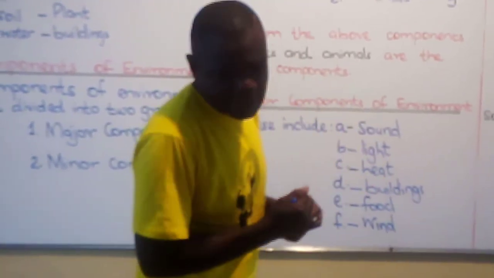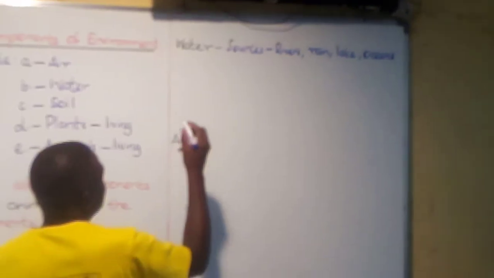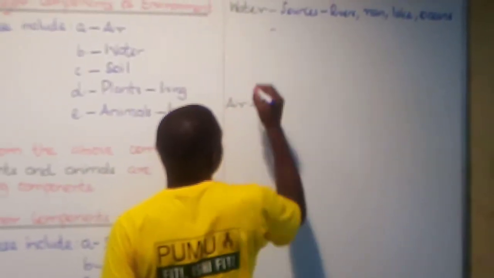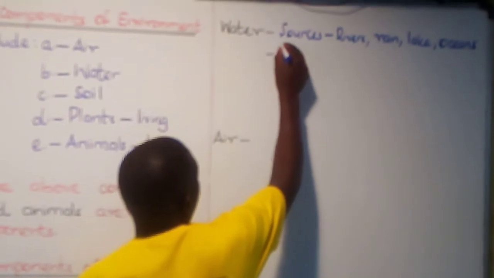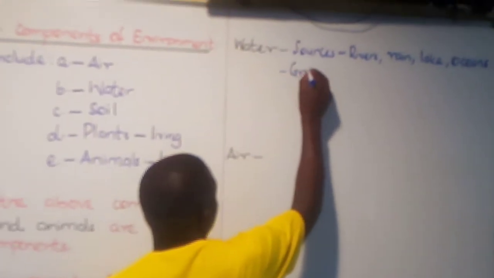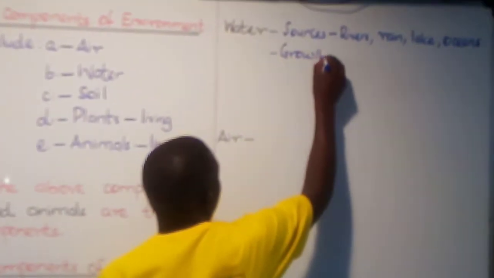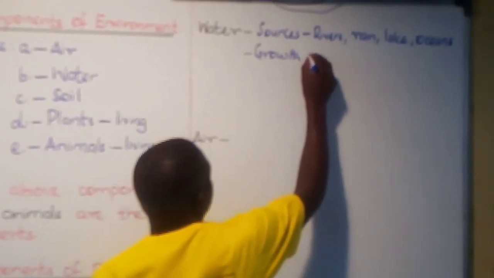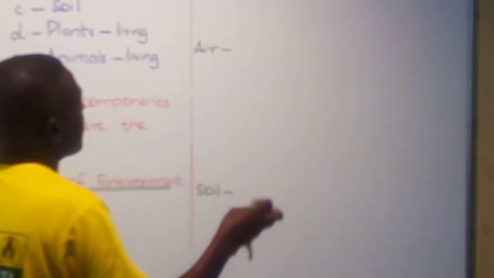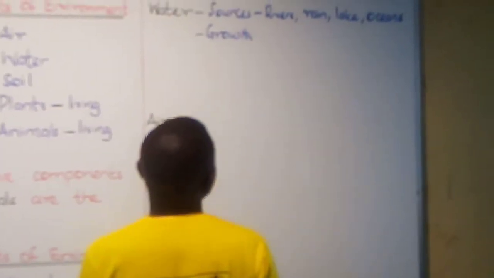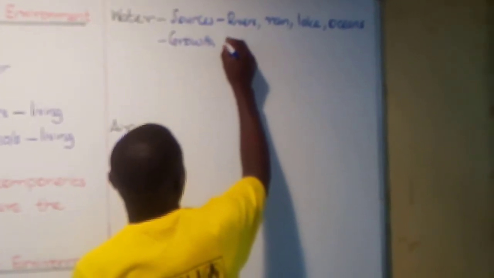Now, why is water important? There are several uses of water. Water is important for the growth of plants. So plants need water.